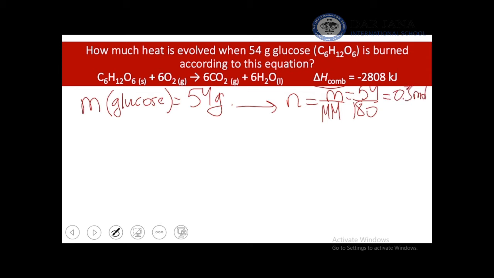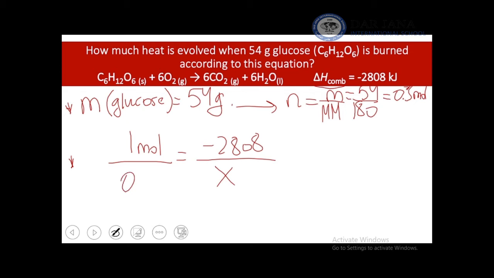So after converting the mass into moles, we can use the mole ratios to find the unknown. Based on the question, 1 mole of glucose produces this amount of energy. So how much energy is produced if I have just 0.3, much less than 1? The answer, X, will be equal to negative 842.4 kilojoules.